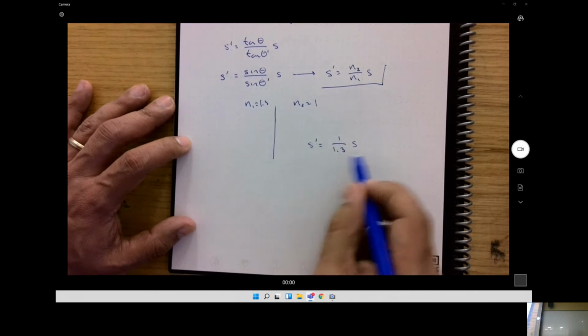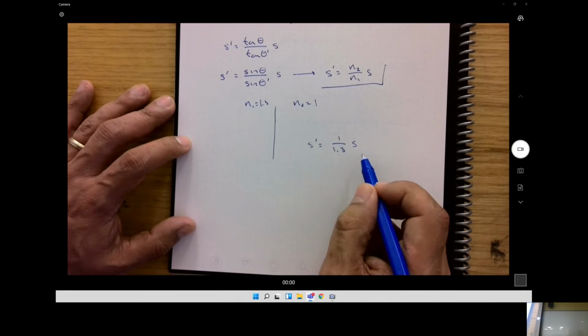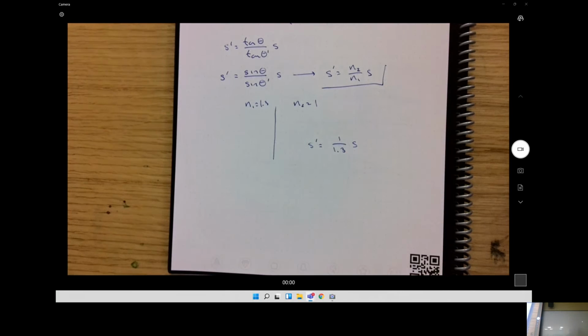So S prime is going to be shorter than S. So it's going to look like it's closer, and because it's closer, it's going to look bigger. Makes sense?